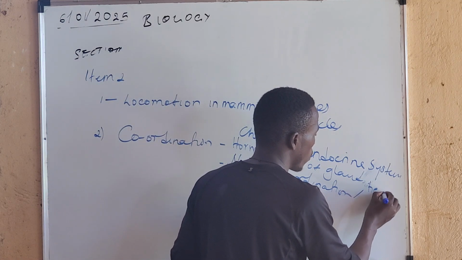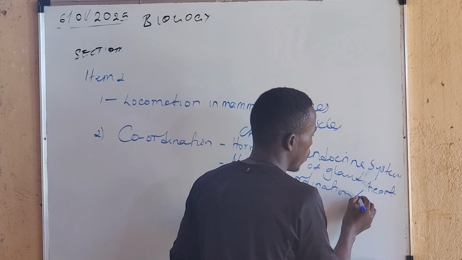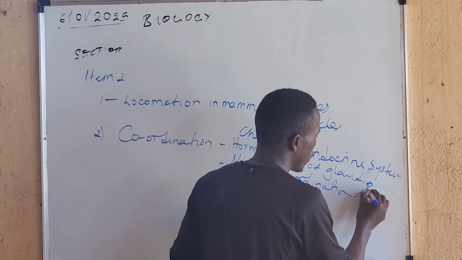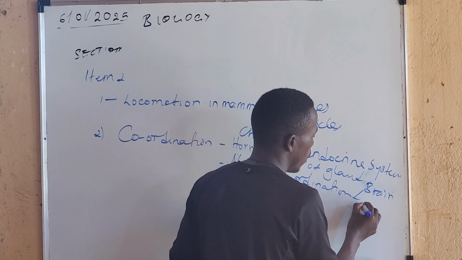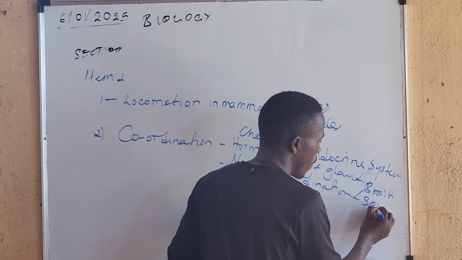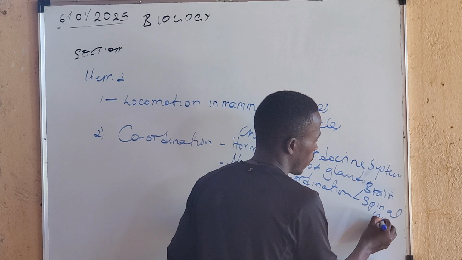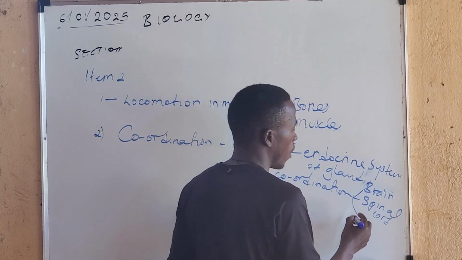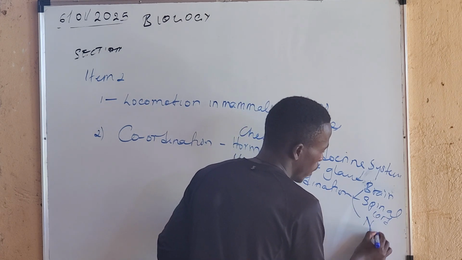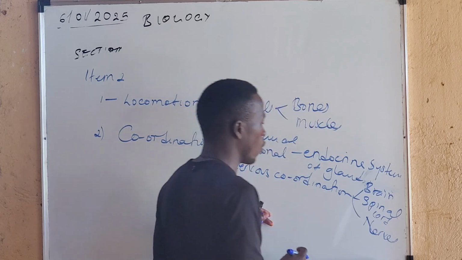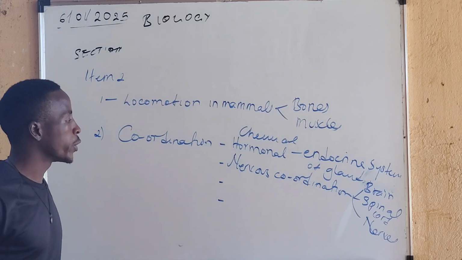One, we have the heart. We have the brain. We have the spinal cord. And then lastly, we have the nerves. This summarizes our nervous coordination.